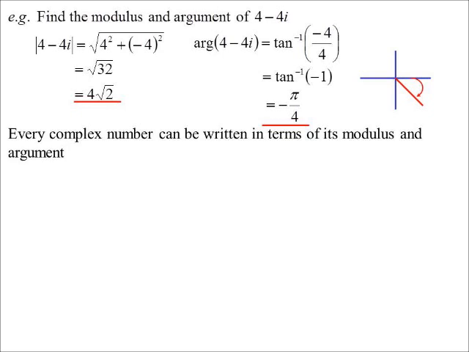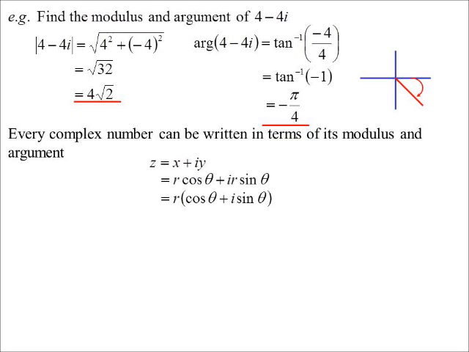So how do we actually express it? Every complex number can be written in terms of its modulus and its argument. So yes, x plus iy is when it's in terms of its coordinates, if you like, the real and the imaginary part. Using a bit of trig, we can easily show that x would turn out to be r times the cosine of theta, and the y value would be r times the sine of theta.